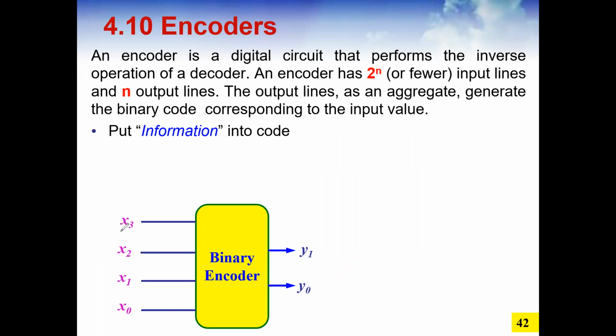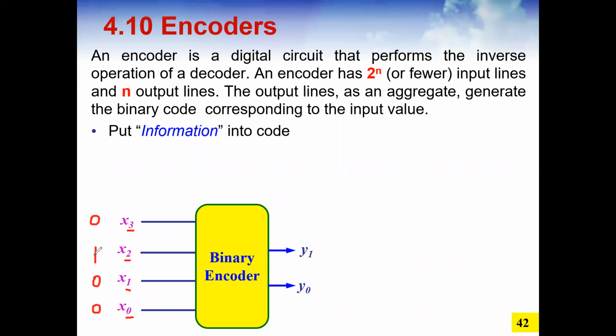So for example, at a time a particular input is going to be high. Accordingly, the binary value of that input is going to be generated at the output. For example, if I say this one is high, the rest are low. The rule is that at a time, only one input is going to be high.